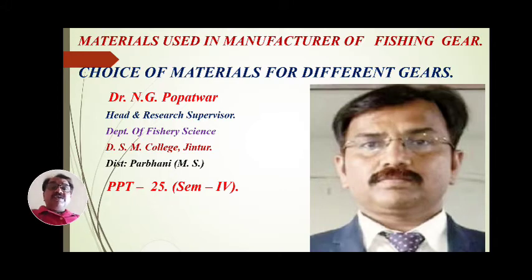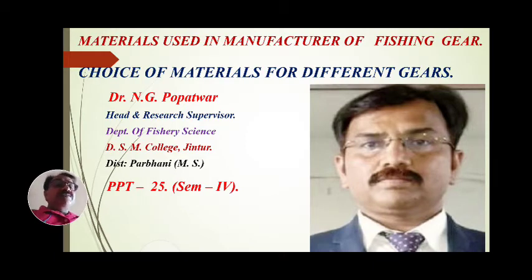All these materials, netting yarns, natural fibers, synthetic fibers, floats, sinkers, ropes, are used for the fabrication and manufacturing of fishing gears. And this is probably the last aspect of this unit, that is choice of materials for different gears.